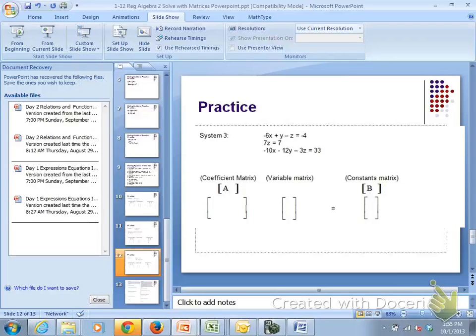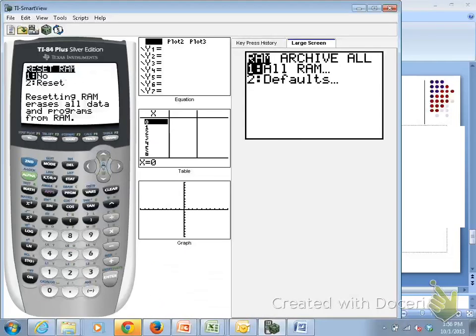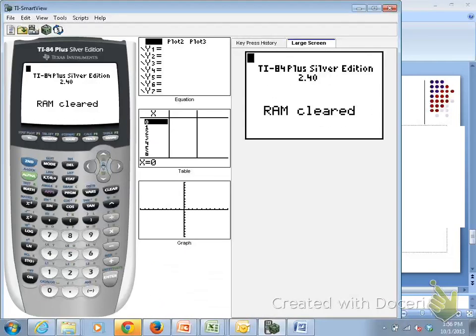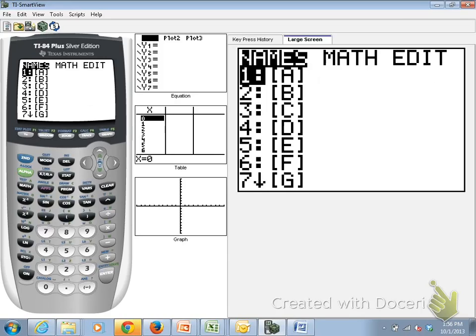is clear your calculator, because previous people might have done different problems. So second plus 7, 1, 2. Clear the calculator. Okay, now we're going to hit second matrix.